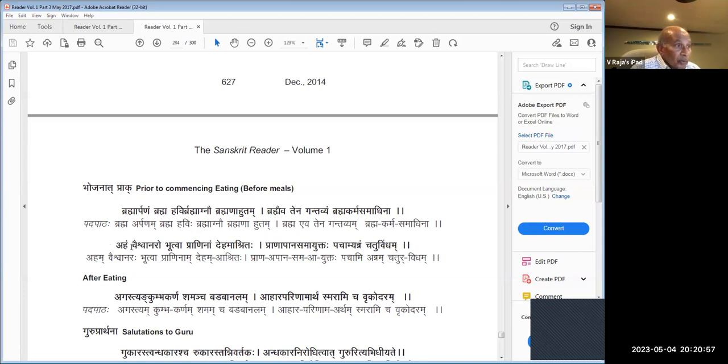Bhagavan is telling Arjuna that aham, I, Vaishwanaraha Bhutva, having become the digestive juices, we will get to the Bhutva in the 7th chapter we are going to do after this.